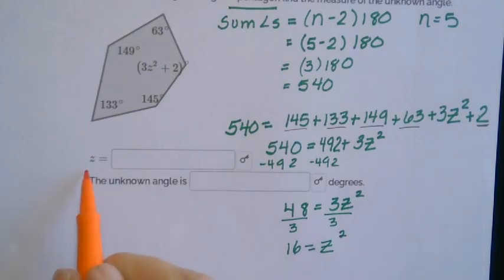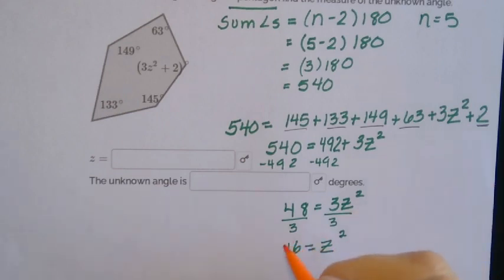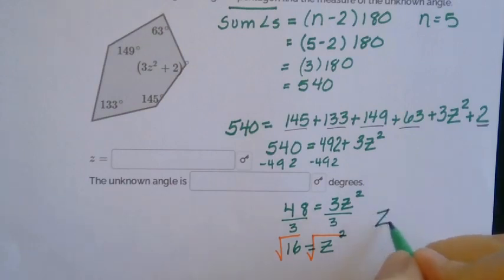We want just z. So how can I get that z squared, not a z? Perfect, Victoria. It says we're going to need to take the square root of it. Take the square root of both sides. So that's going to be z equals 4.